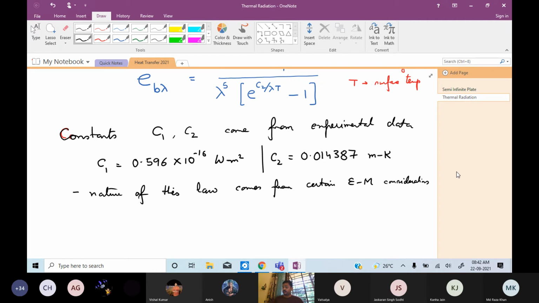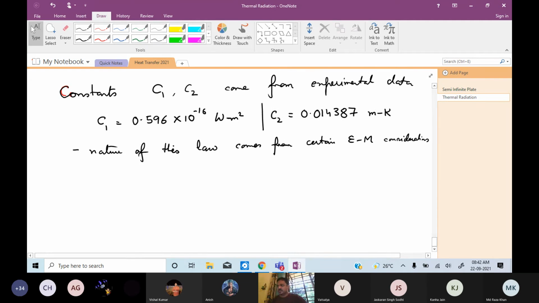But of course, for higher courses in radiation heat transfer, yes, you need to know the physics of electromagnetic radiation. So Planck's law, extremely important, tells us the monochromatic emissive power at a given wavelength and temperature.